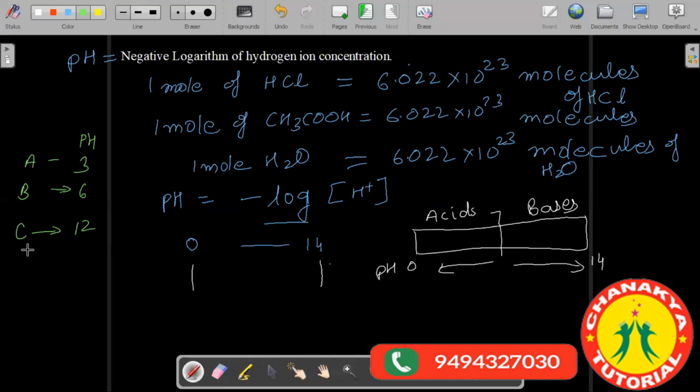So I put here C. I'm arranging them in increasing order of H plus concentration. C has the minimum, then which one? After C, it's B. After B, it's A. A has the highest concentration of the H plus ions.